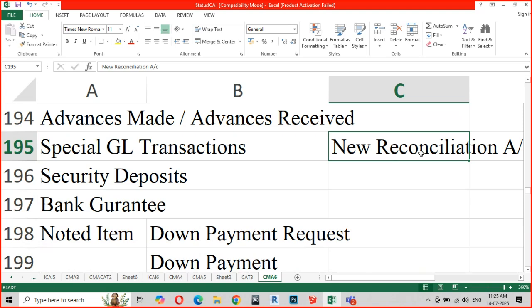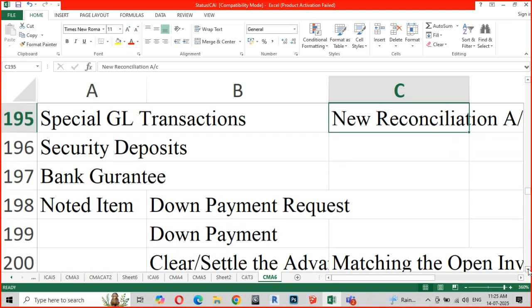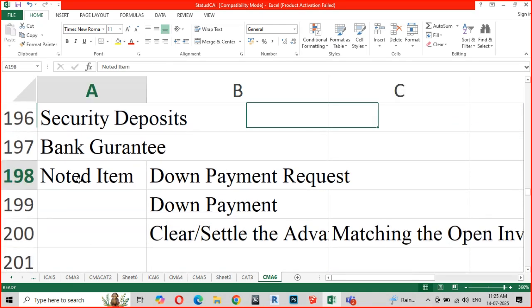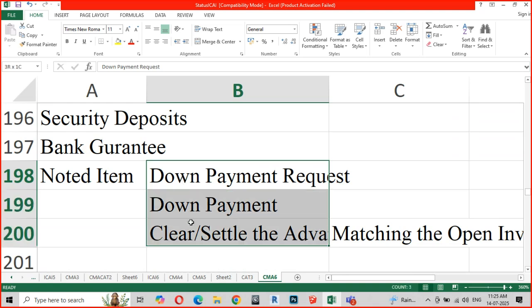So let us take advances received or advances made, and how they are treated by the SAP system. First and foremost, this transaction is called a noted item. It has 3 steps. First of all, just like you're requesting the advances, you have this created in the SAP system as a noted item. So what does this indicate?